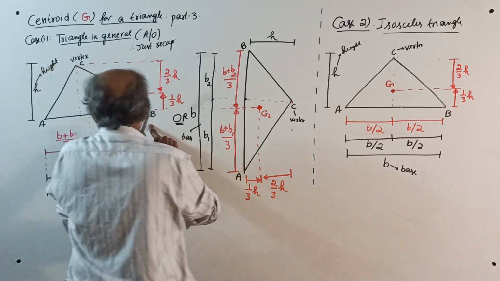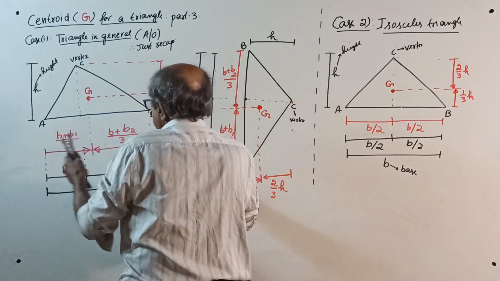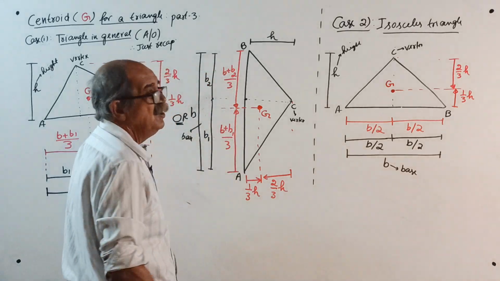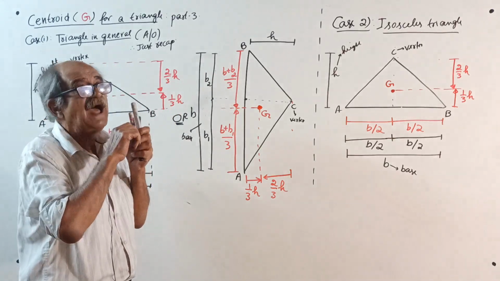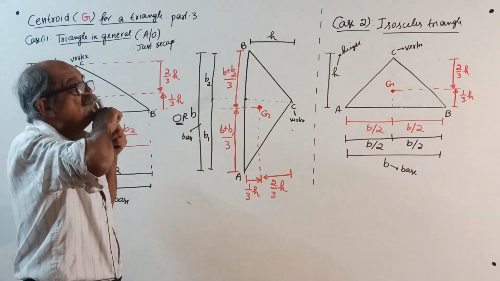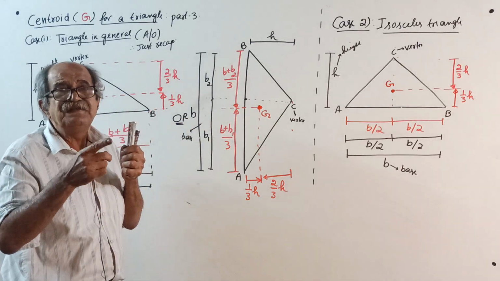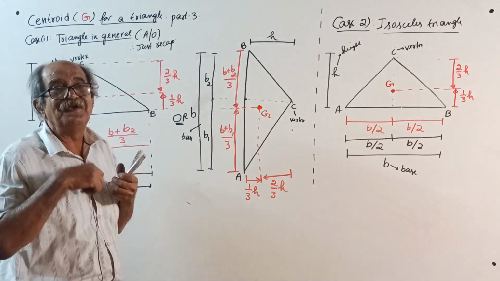Here, full base B plus this side distance B2 divided by 3. Or in words, if I stand here along the base, full base plus the part on the side where you are standing. I will use the word cut base.